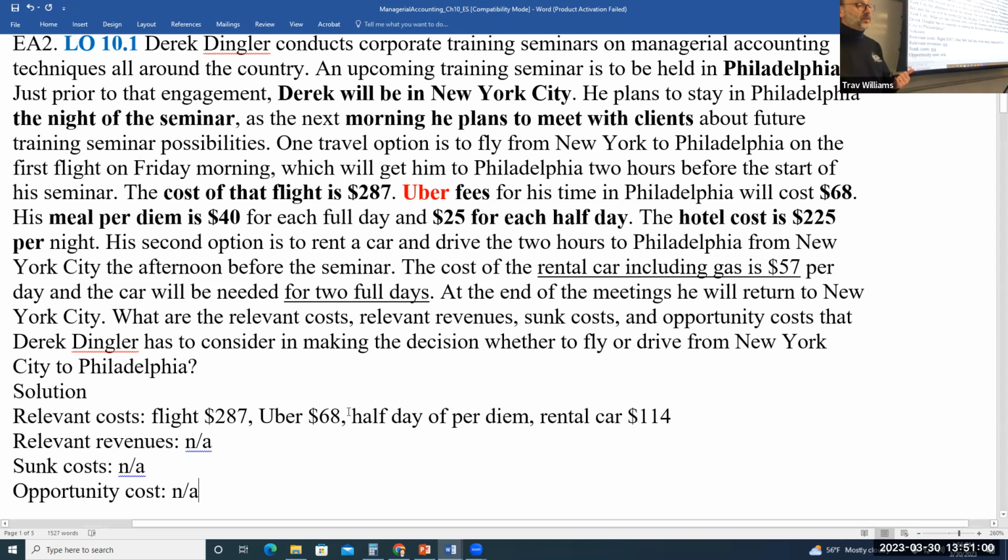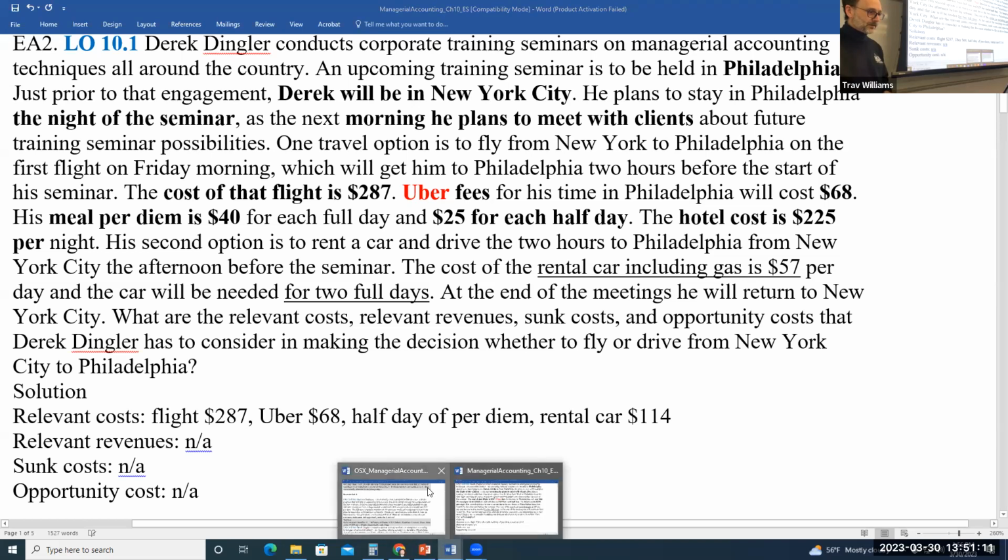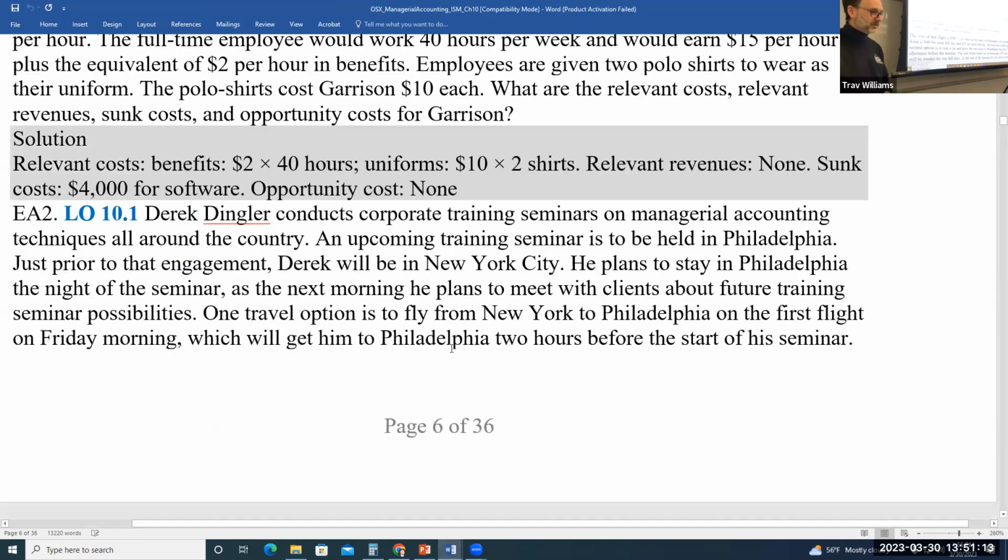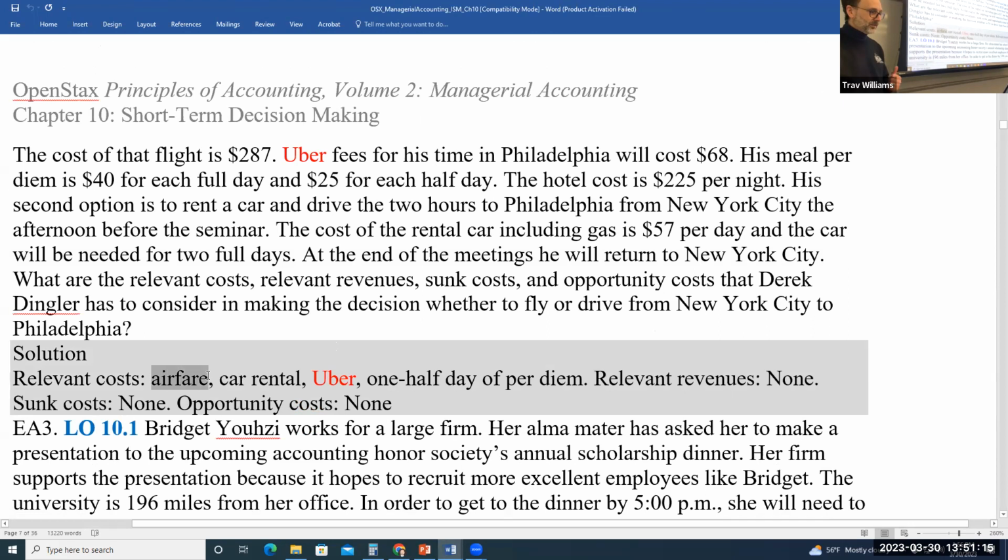So we really just had the flight and the Uber versus the rental car. And then somehow they figured out a difference of half a day of per diem. So that should be all there is. They had airfare, car rental, Uber, and a half day of per diem.